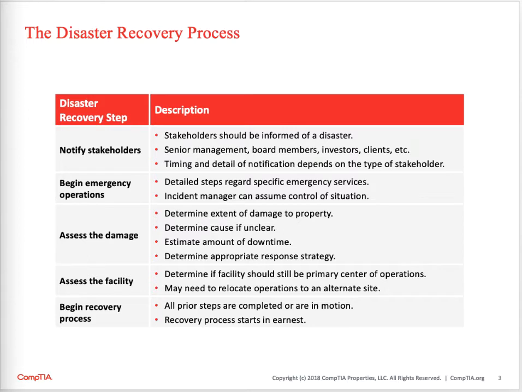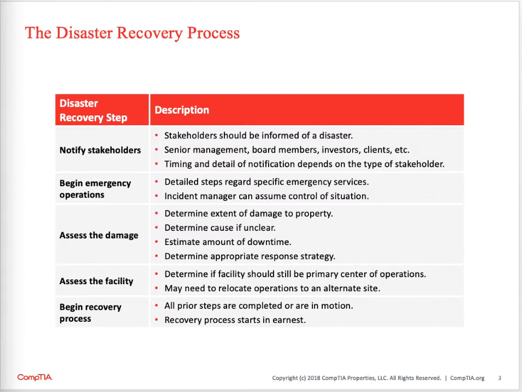For instance, full recovery to a remote site might not be warranted if the damage is limited to parts of the business that don't threaten our operational functions. We need to be able to estimate our downtime and determine how far we need to go because of that. Assess the facility.